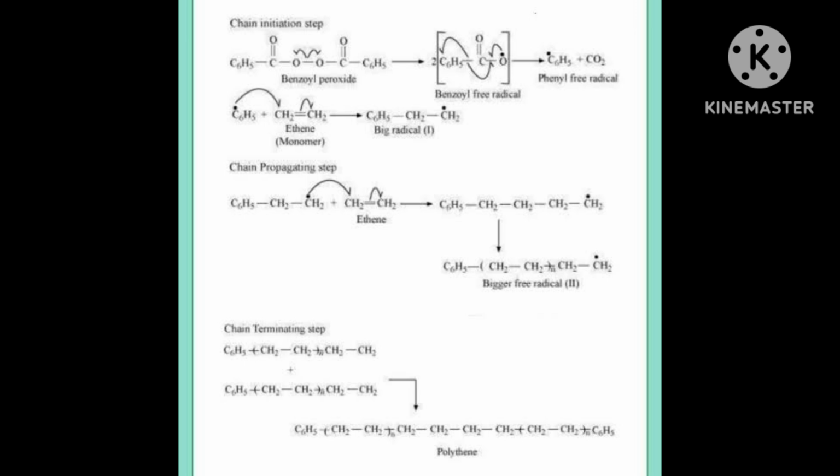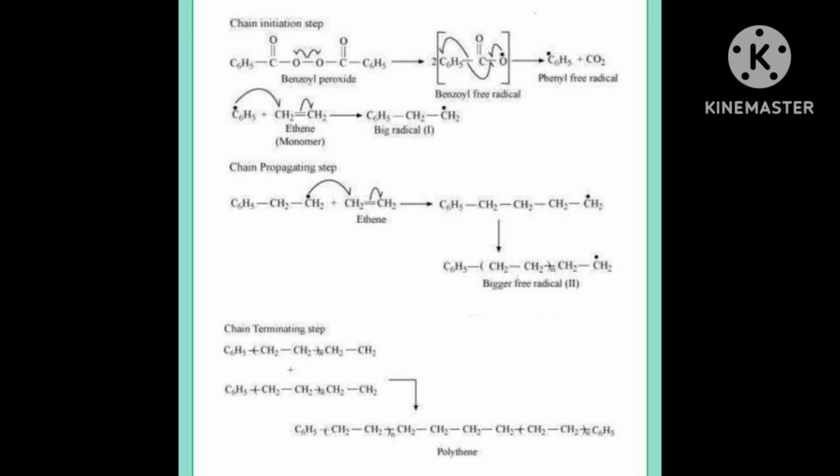Now the phenyl radical is joined with CH2, and the other CH2 will have one electron. This molecule is called C6H5CH2, and the last CH2 has one electron, so this molecule is actually a free radical.